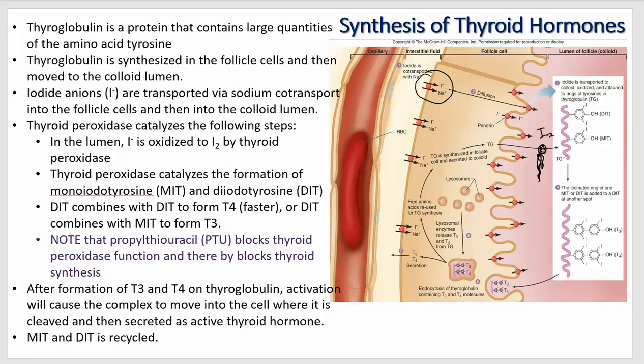Let's see, and then the next thing that happens is that these will conjugate. So one of these will kind of go up here and stick to one of these others. So you end up with, this is actually the thyroid hormone here.